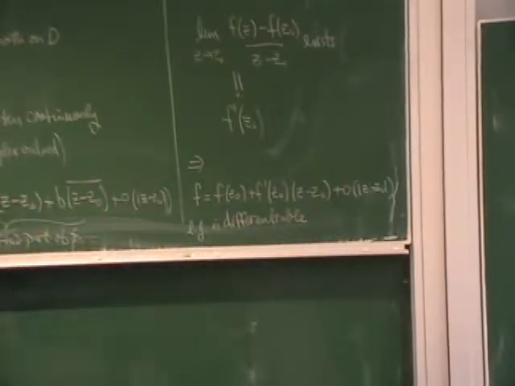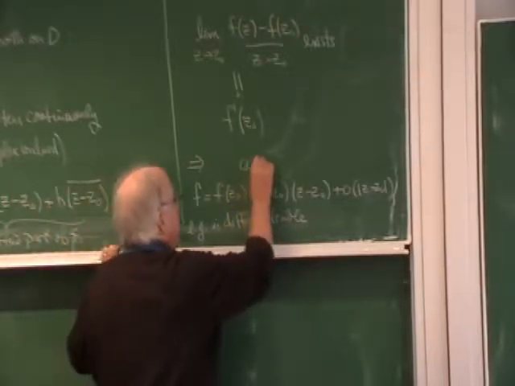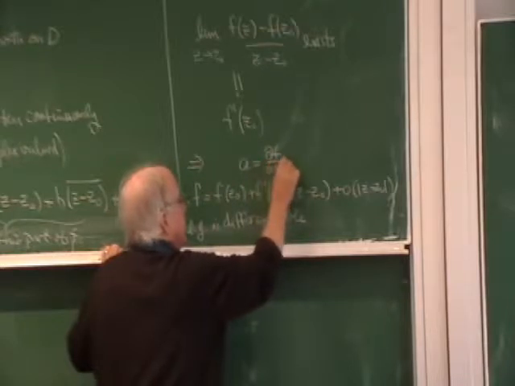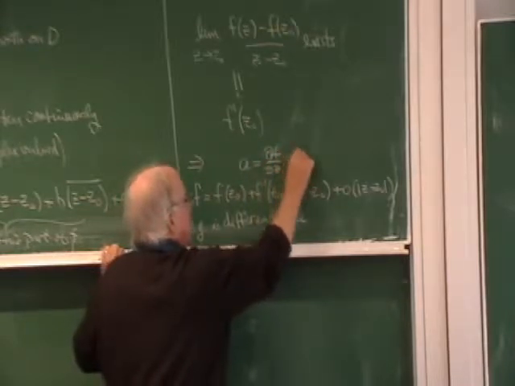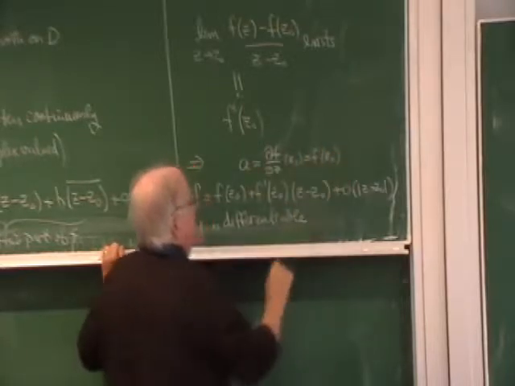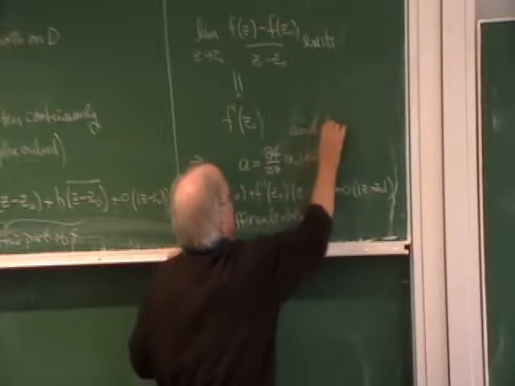So it's differentiable, but it's differentiable in a special way. Let me write it, emphasize it in this language here. A equals what we're calling, and I'll even write it in another way, the partial with respect to z at z0, which we will call f prime. In this case, b equals 0.